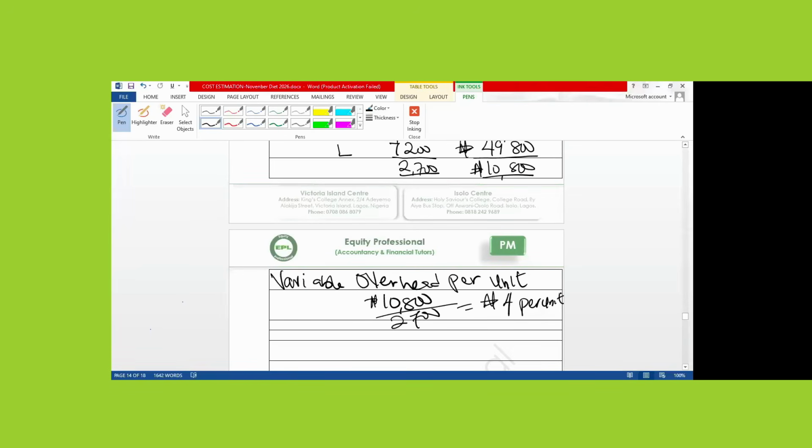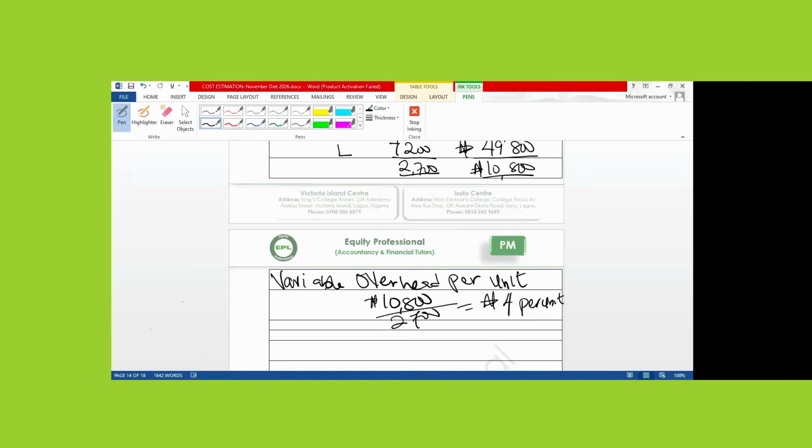When you get this, remember that for this particular overhead cost, there is fixed cost. Unlike material and labor, we are trying to separate the fixed overhead cost and the variable overhead cost.